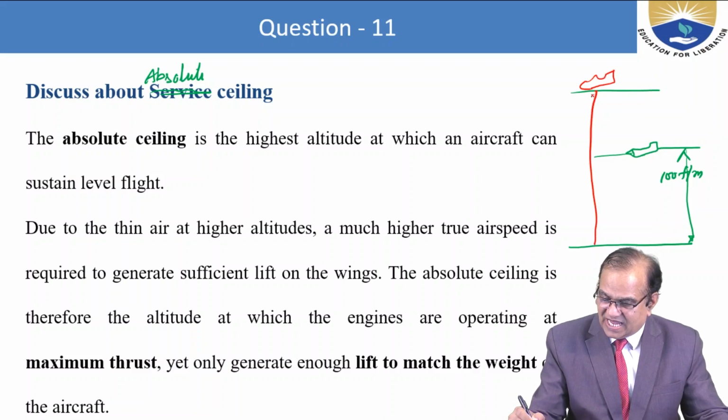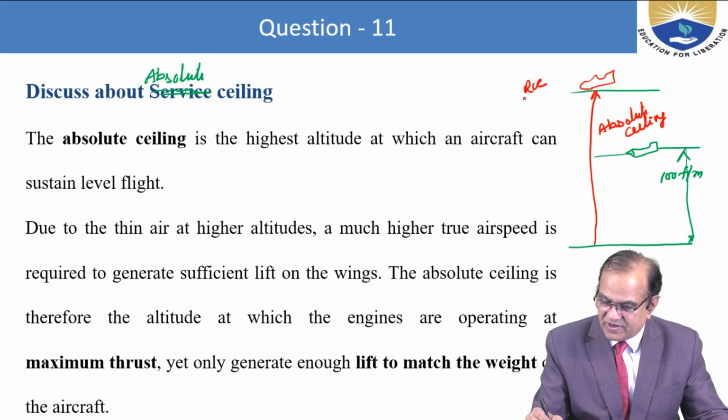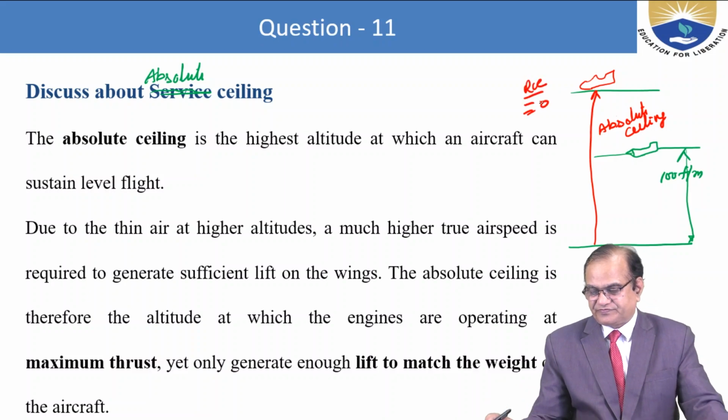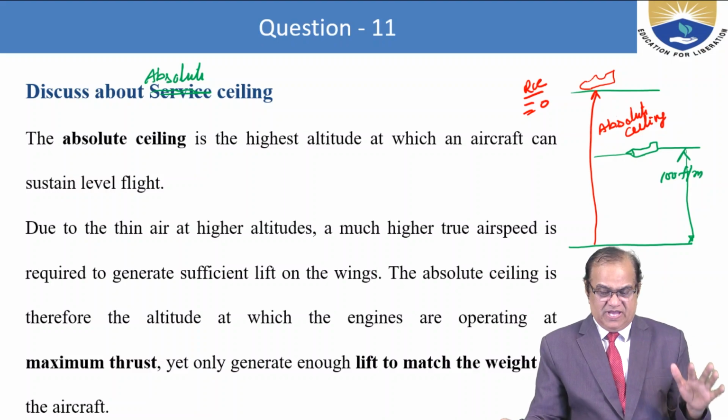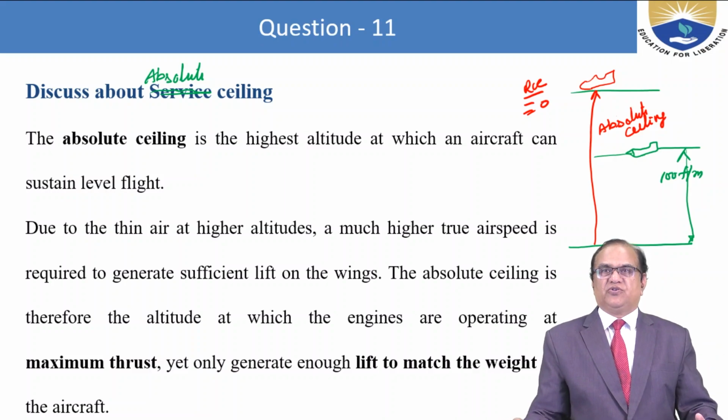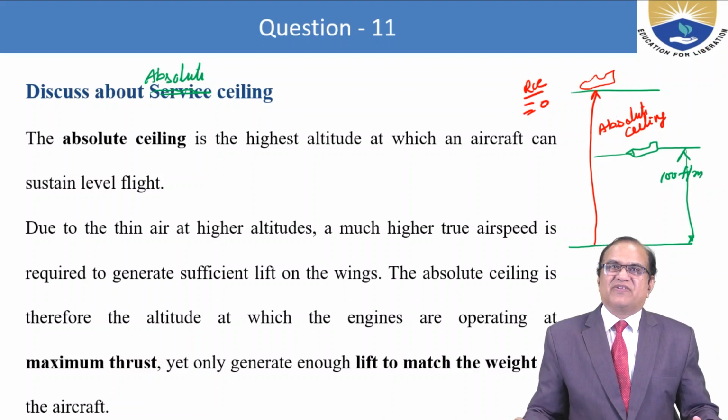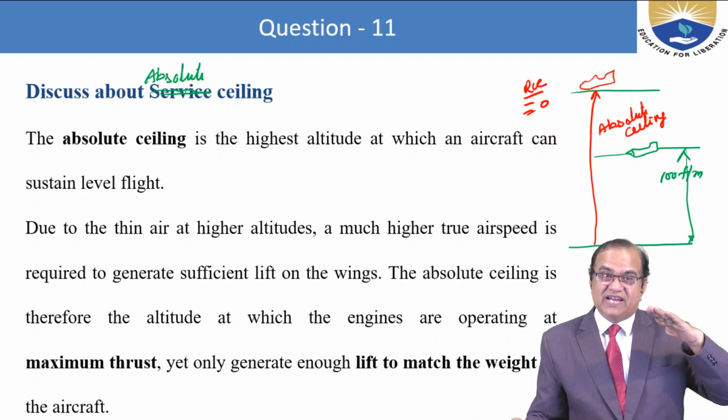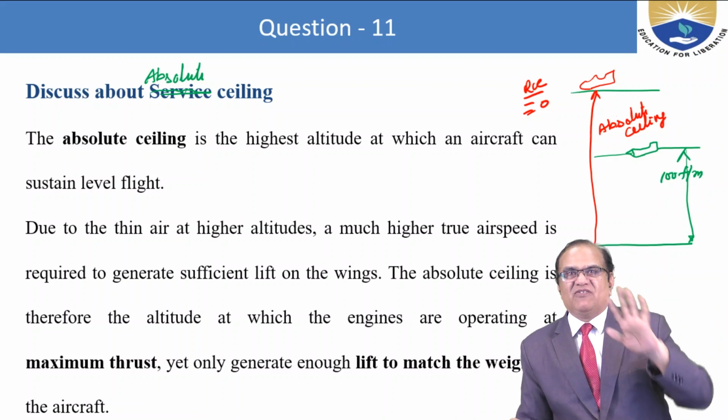This is called the absolute ceiling. In this, the rate of climb will be 0. It cannot climb. So absolute ceiling is the highest altitude at which an aircraft can sustain level flight. It cannot climb. It can go straight in level flight.